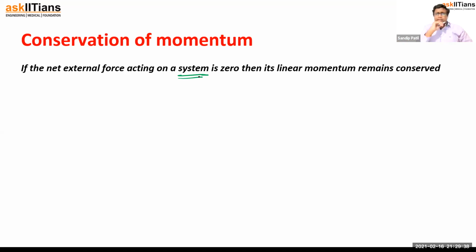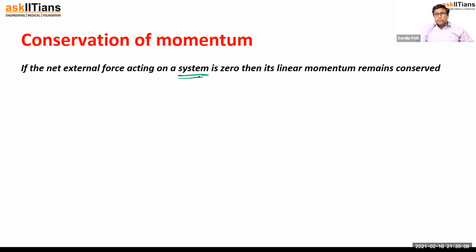But here they have changed that word to system instead of object. What is a system? That is the question. So normally, whenever this momentum is conserved, we are going to solve some questions on this momentum. Remember, there will be more than one object, right? There will not be only a single object, but more than one object, right?